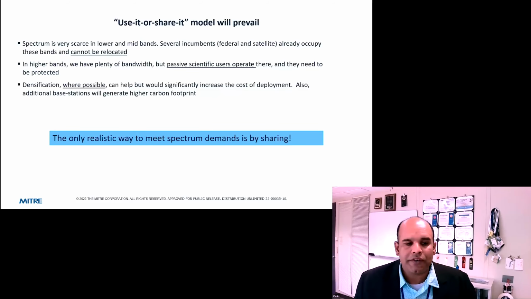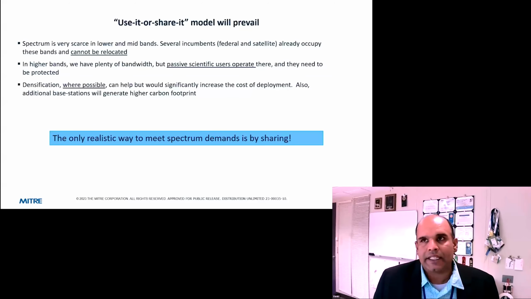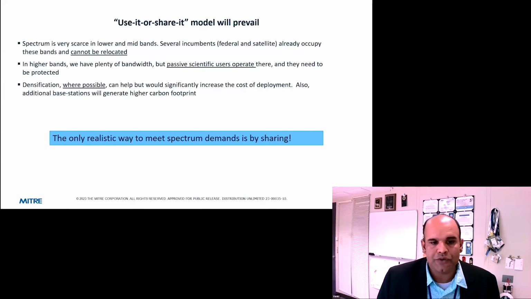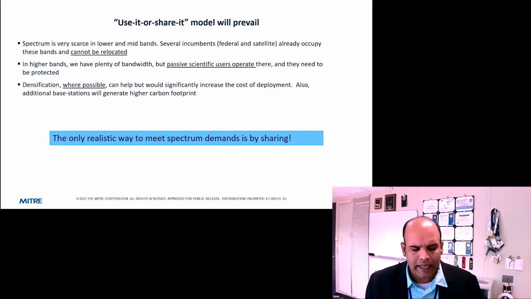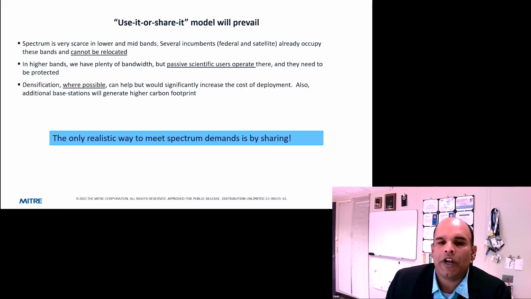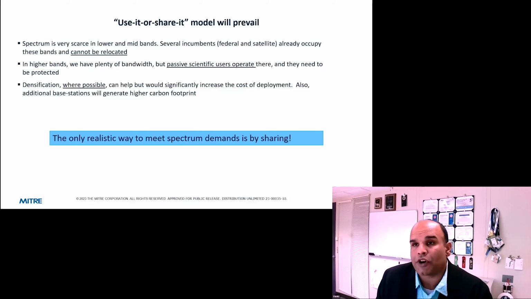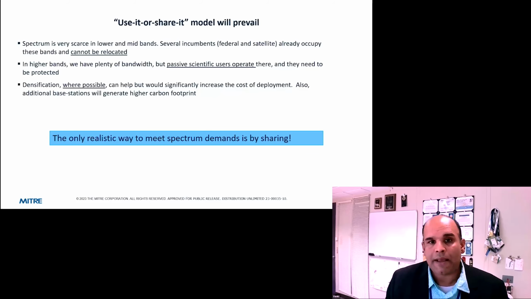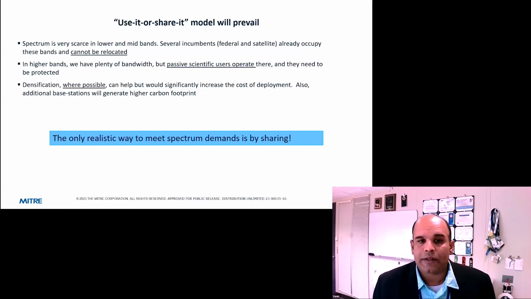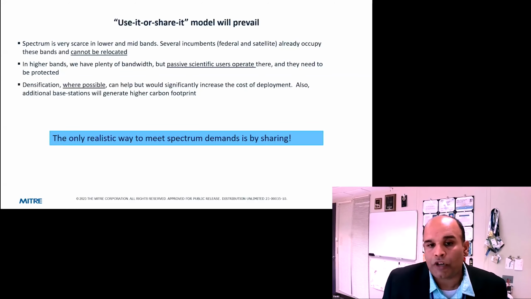So what we are going to argue here is that the only feasible way to meet the spectrum demands is by sharing. And the reason why I am very hopeful here is that when you look at 5G and 6G, they come with a lot of sophisticated knobs that you can use to achieve coexistence. When I say coexistence, I'm talking about two systems using the same resource in such a way that one system is not interfering with or bothering the other system.